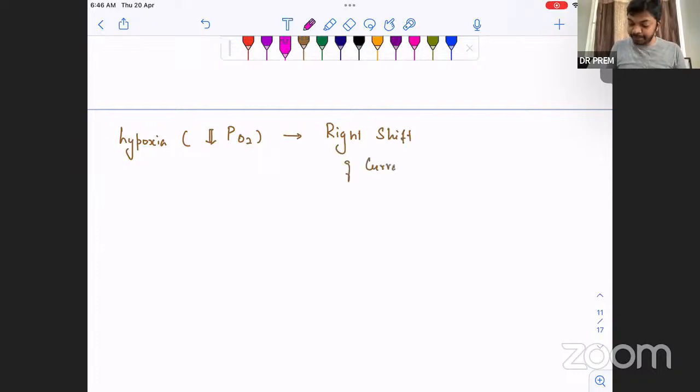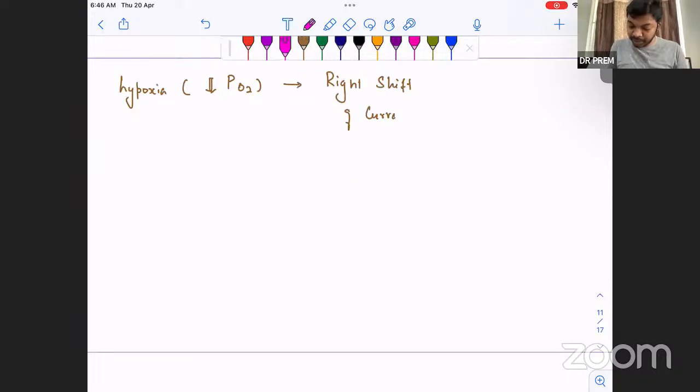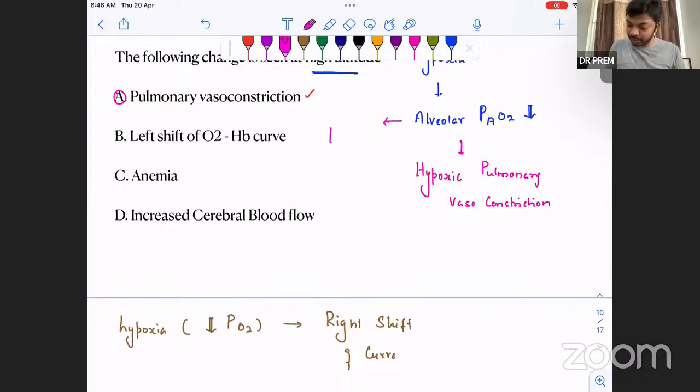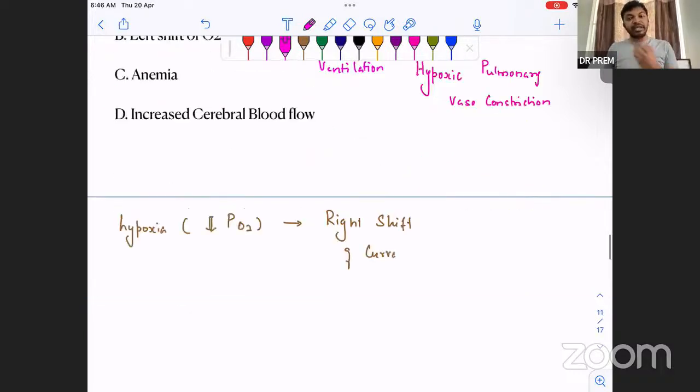On the other hand, hypoxia will also lead to hyperventilation. This hyperventilation will lead to respiratory alkalosis.